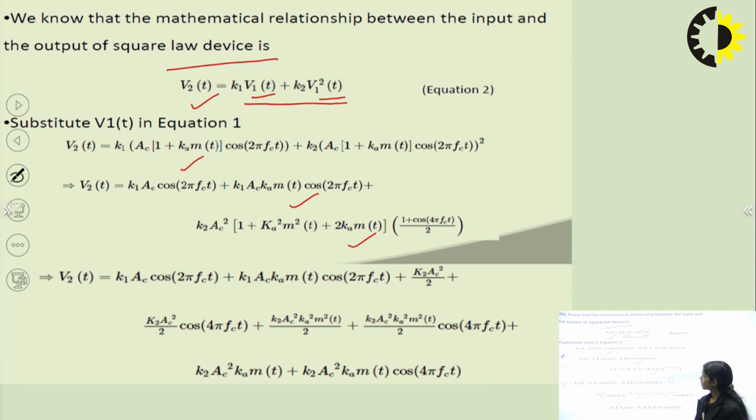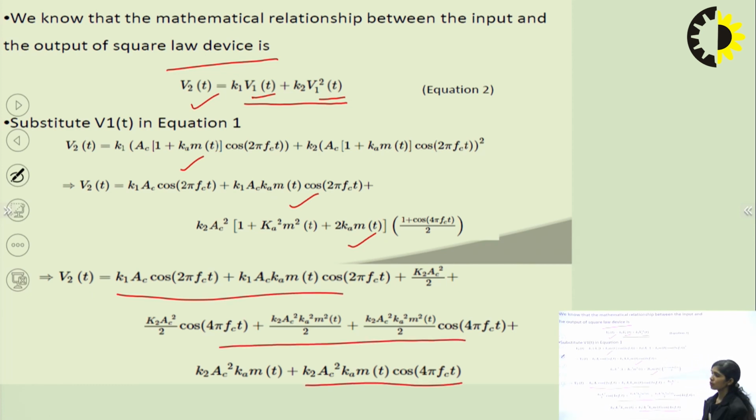Among this set of components V2t, if we rearrange this, we will get these equations. But among all these components, we have to recover only the message signal. From all these signals, we have MT present in this equation only.